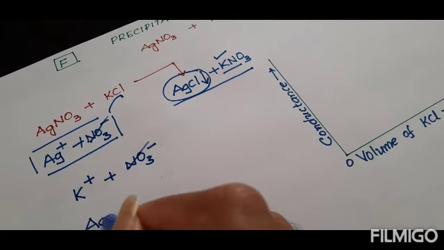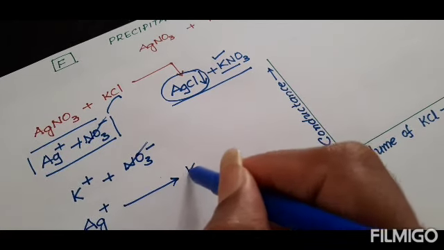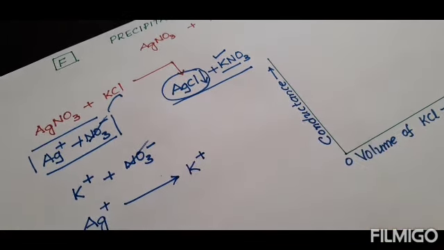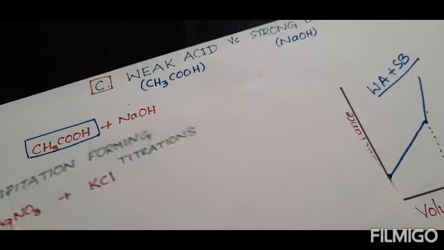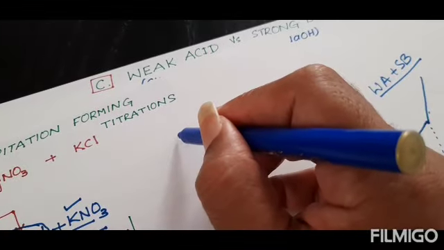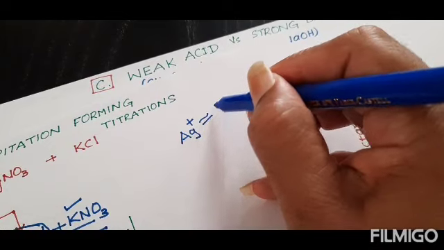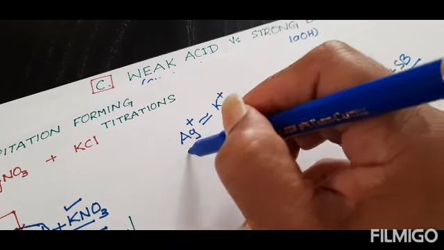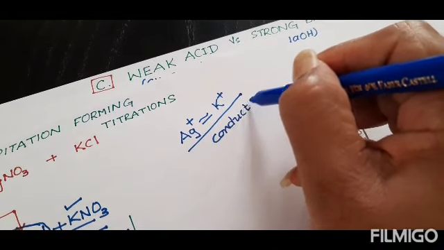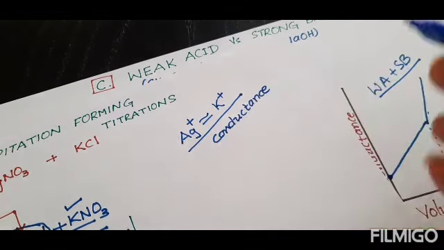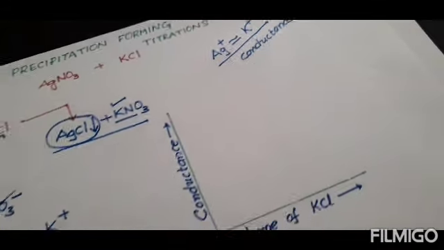The net result is that Ag plus ions in the solution are replaced by the K plus. The key point for this is that the conductance of Ag plus is approximately equal to the conductance of K plus. This is the key point. The conductance of Ag plus and K plus is approximately the same.